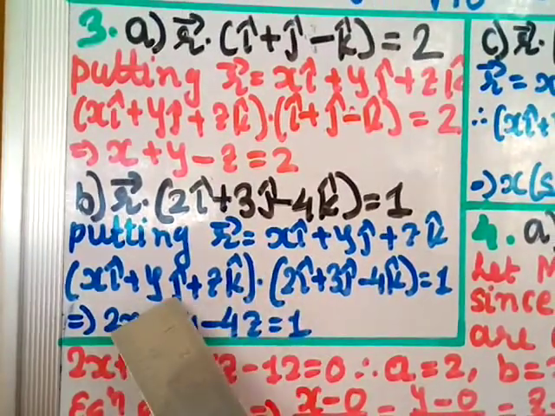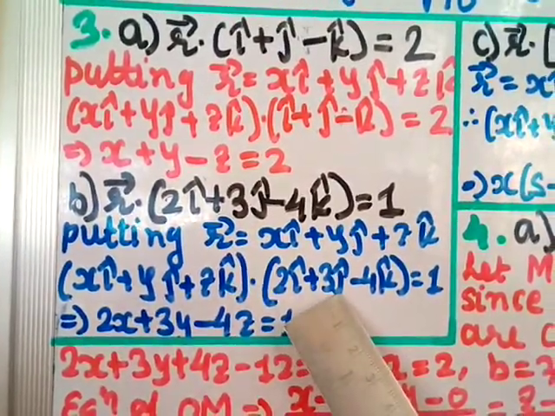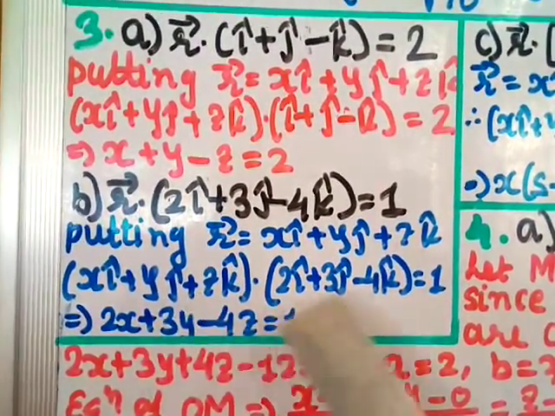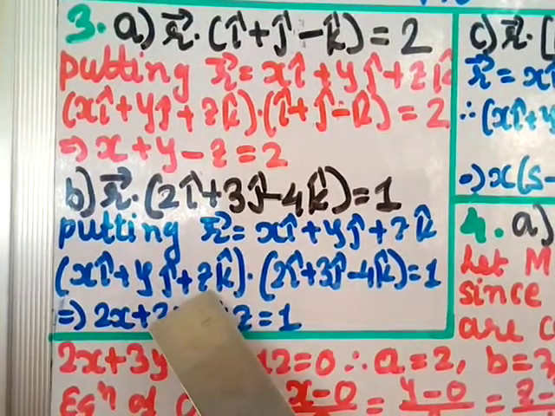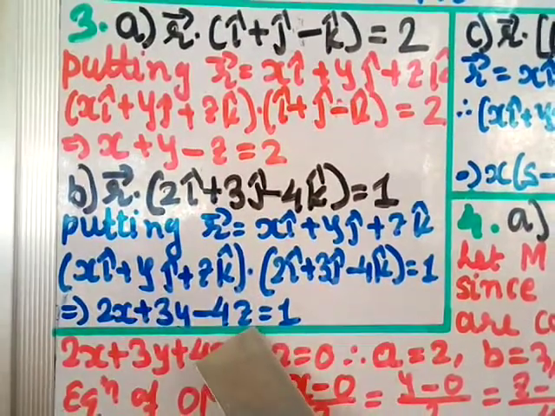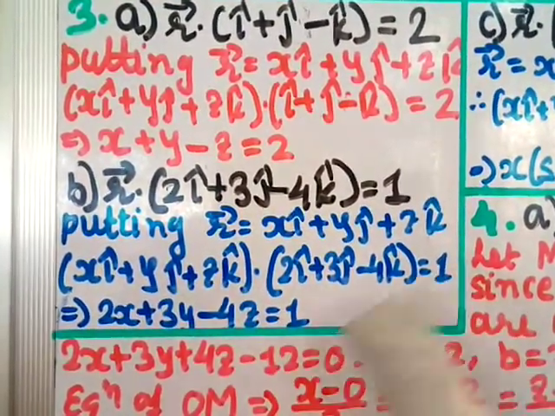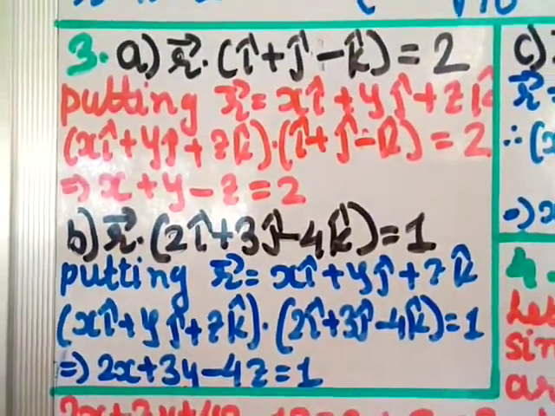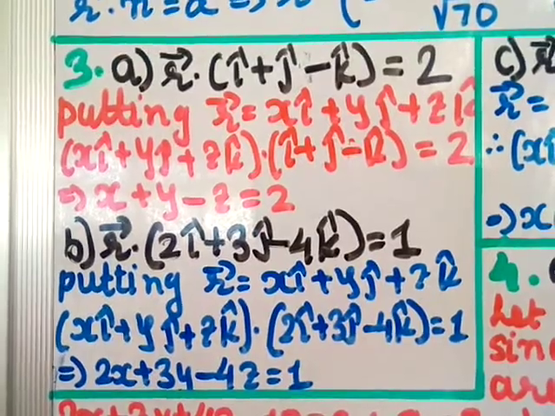Then y j cap into 3j cap, so it is plus 3y, plus z k cap into minus 4 k cap, so it is minus 4z, and k dot k is 1, equal to 1. So that is the solution of the equation, in Cartesian form.